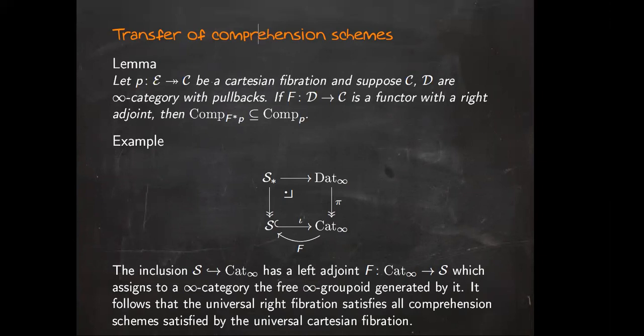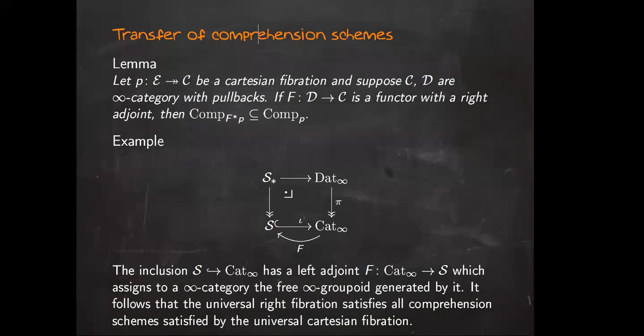So as an example, in this case we consider the universal left fibration and the universal co-Cartesian fibration, and one can construct the universal left fibration as the pullback of the universal co-Cartesian fibration along the canonical embedding from spaces into infinity categories. And this functor has a left adjoint, right, by building the free infinity groupoid over an infinity category.